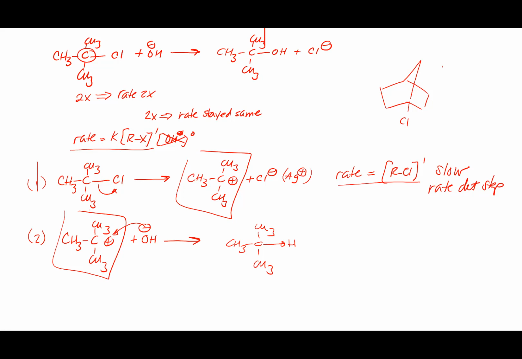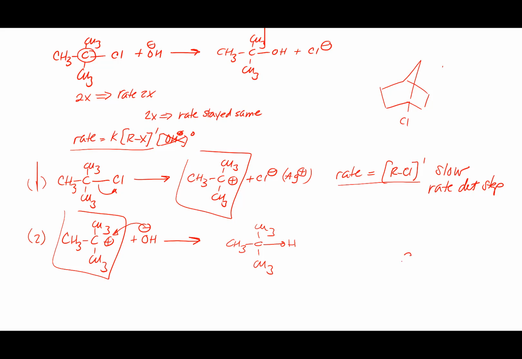It was on the original reaction coordinate diagram that I gave you at the beginning of class. That is an intermediate. Why? Because it's produced in one step and consumed in the second step. So that's an intermediate. The more evidence you can have about intermediates, the more likely people will accept what you're saying.